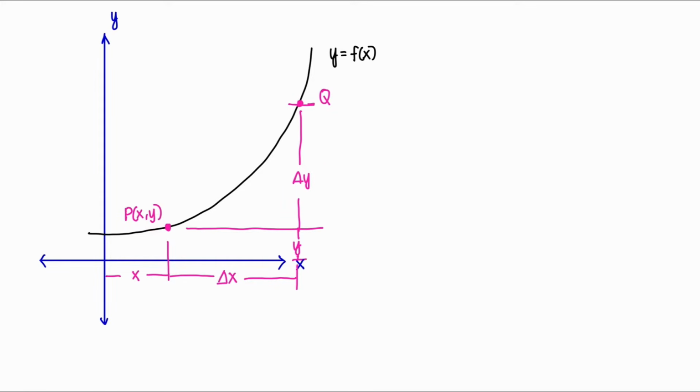Now remember that this y right here is actually f of x, right? It's a function of x. Therefore, the coordinates of point Q: this is the abscissa of point Q, that's x plus delta x.